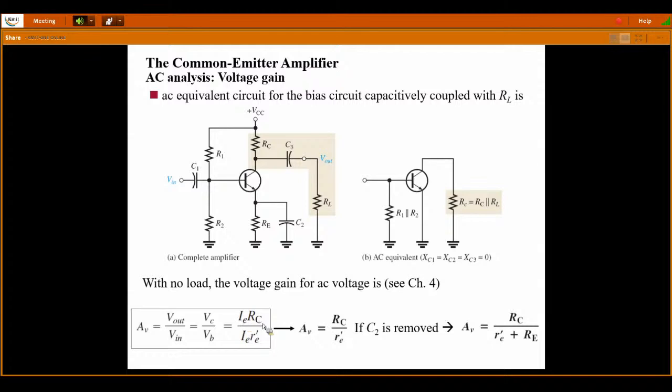VC is equal to IC into RC, and IC is approximately equal to IE, so we replace it with IE into RC. Now VB is equal to IE into RE dash, the AC resistance. So AV is equal to IE cancelled, then we have RC divided by the AC emitter resistance RE dash.